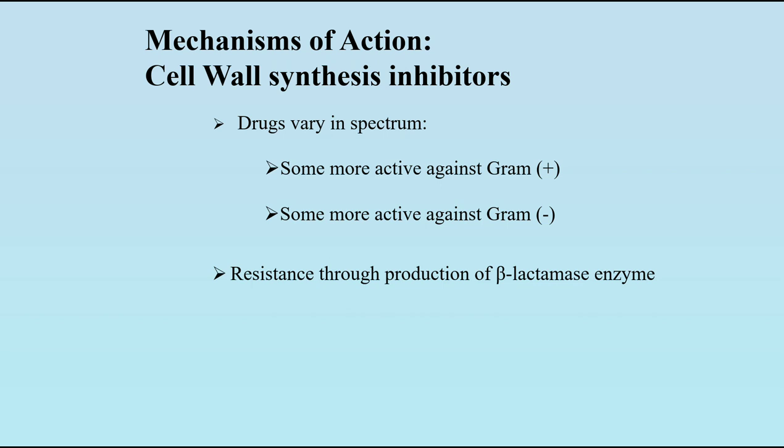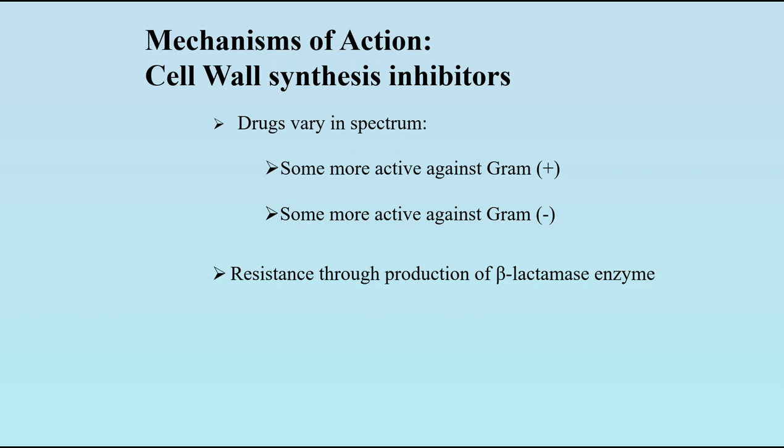So this beta lactamase enzyme attacks the beta lactam ring of the drug, which we will see in the coming slides. And as a result of damaging the beta lactam ring of the antibiotic, the antibiotic structure is no more in its native form, and as a result, it cannot perform its function of killing the bacteria.